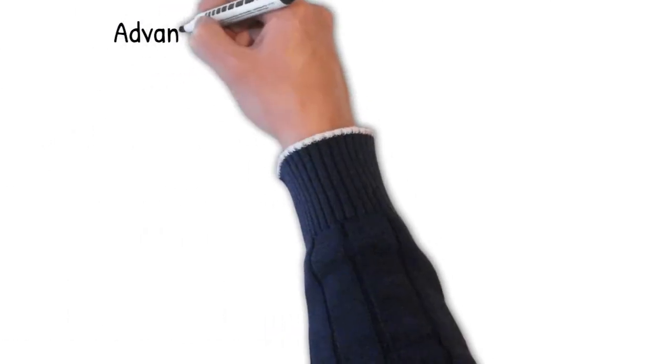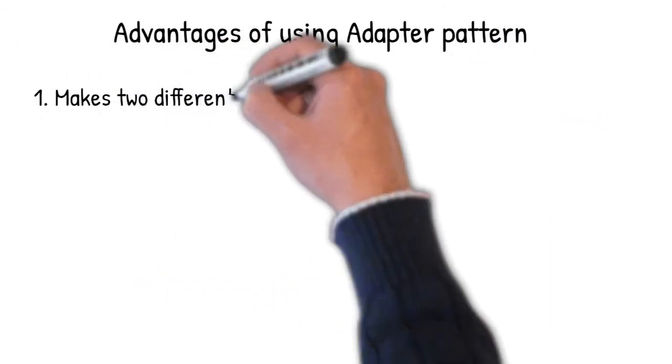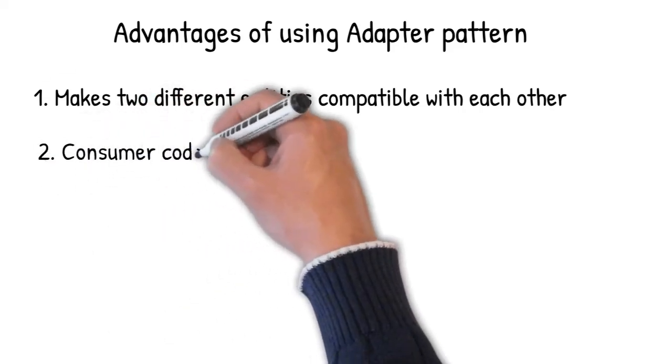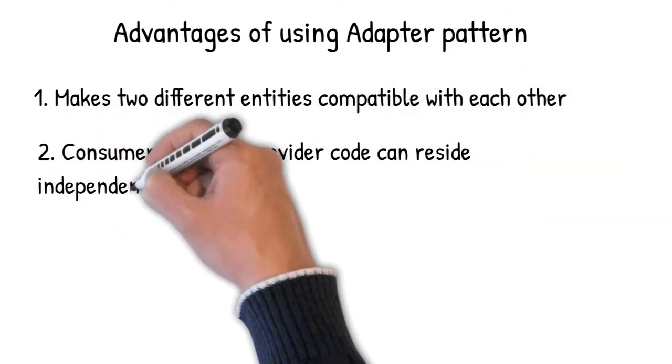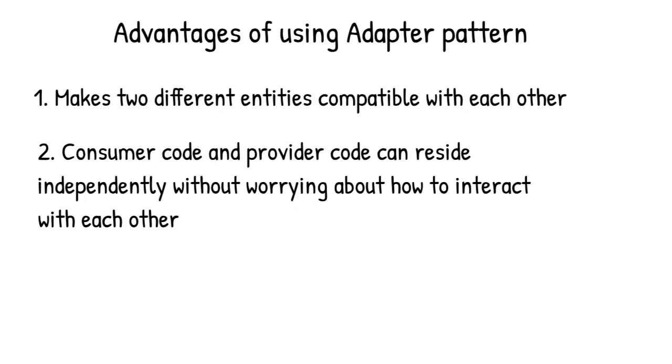So let's take a moment to note down advantages of using the adapter pattern. First one, the adapter pattern makes two different entities compatible with each other. Point number 2, consumer code and the provider code can reside independently without worrying about how to interact with each other.